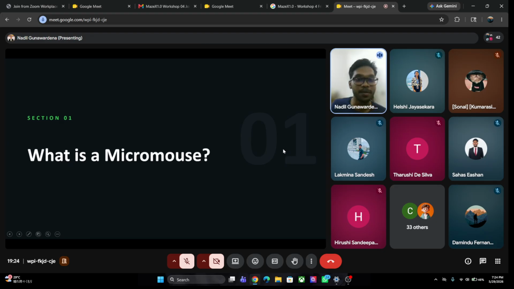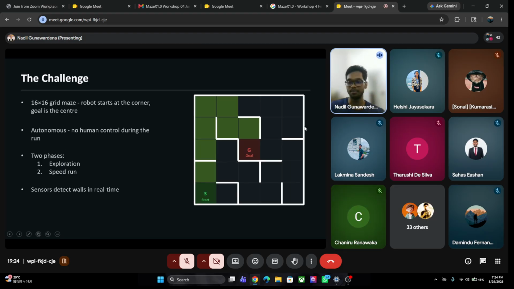So, what is a micromouse actually? I think you already know because this is the fourth workshop that you're in. I actually don't know about the MazeX competition, but the standard competition consists of a 16 by 16 grid.